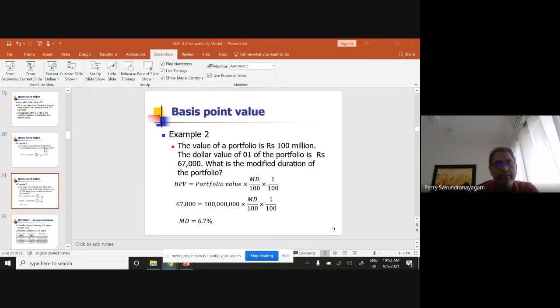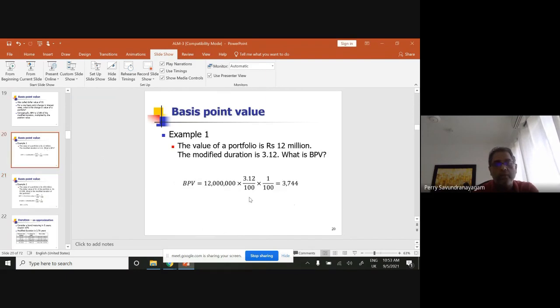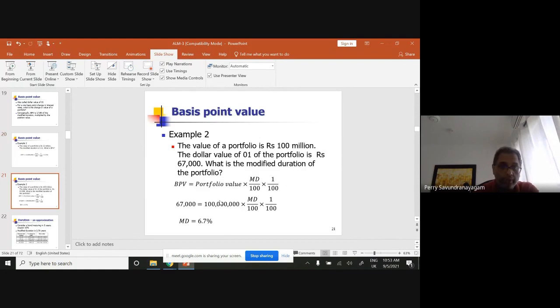So basically, here you have the modified duration, and you figure out what a 1 basis point move will have as a rupee value. Here you have the rupee value, and you just plug that into your formula to arrive at what the modified duration of the portfolio is.